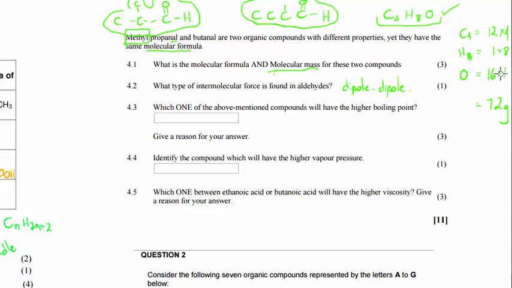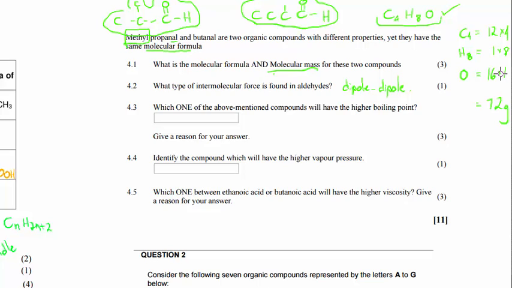Ethanoic has 2 carbons and butanoic has 4. So the intermolecular forces in ethanoic acid are weaker than in butanoic acid. So butanoic acid will have a higher viscosity.